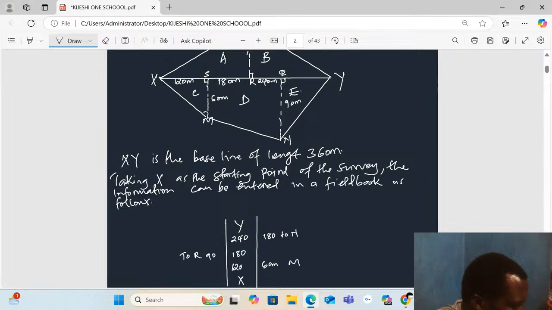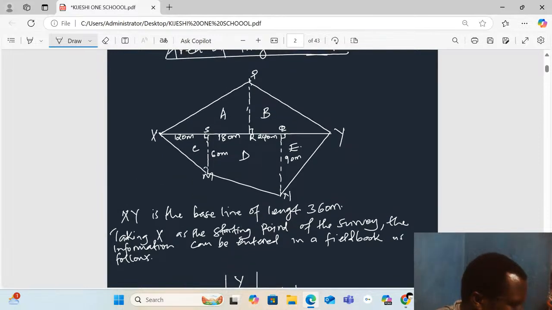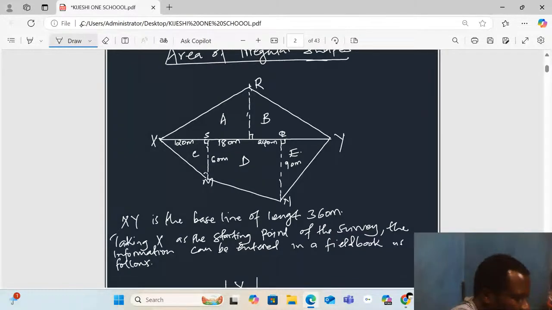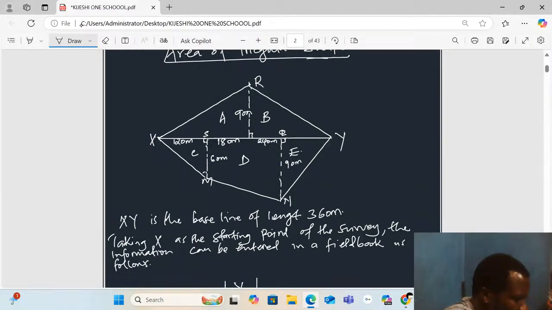From 180, we are moving to the left, 90 meters. Then we get to point R. In the diagram here, that is point R, and it is 90 meters. Good.